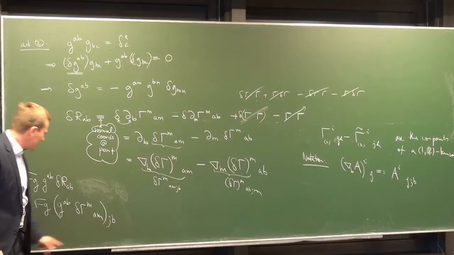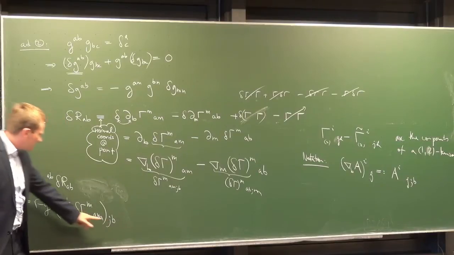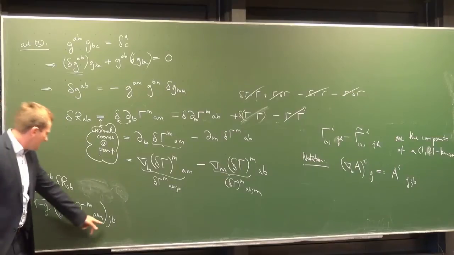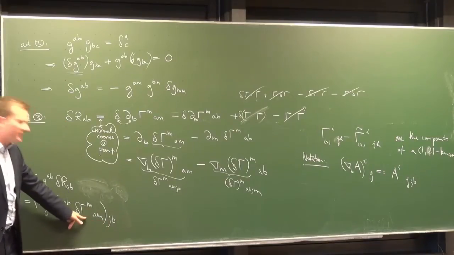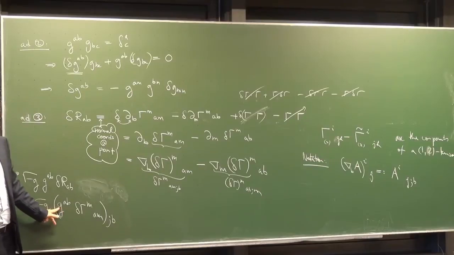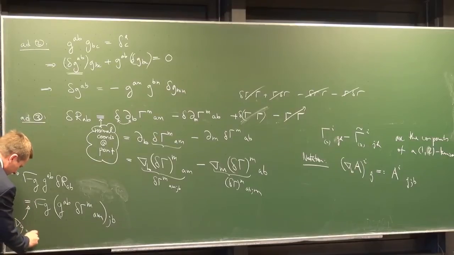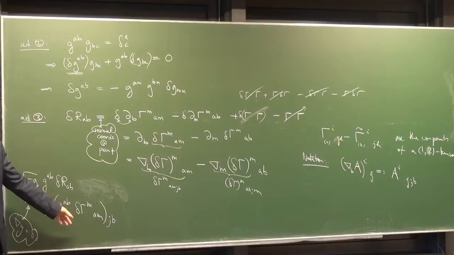Well, it will satisfy a product rule. It will take the covariant derivative of the g times this guy plus g times the covariant derivative of that guy. But the covariant derivative of g or g inverse is 0 because of nabla g equals 0. So you can pull this in without harm.